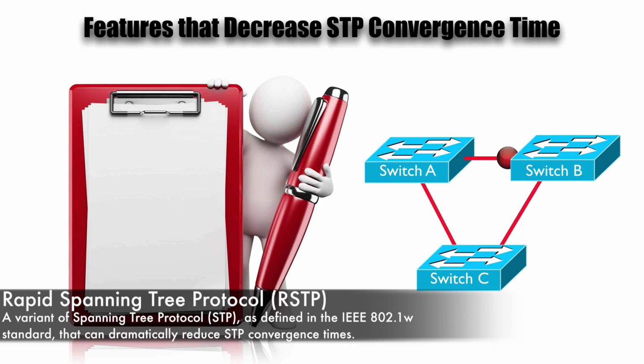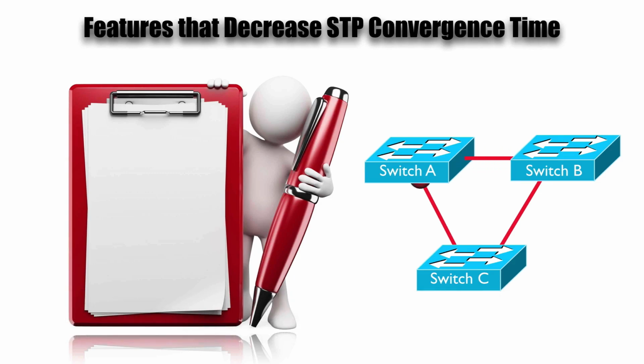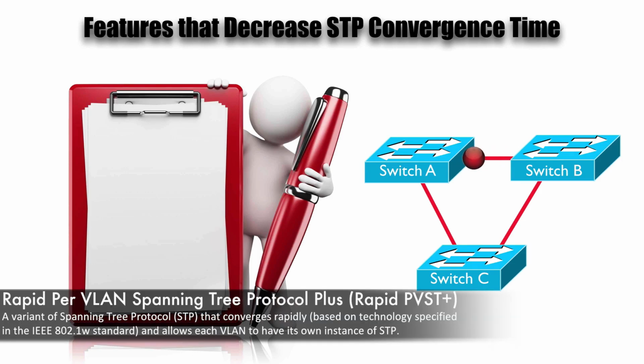It could be on the order of 1 to 3 seconds. Again, that can vary, but it's typically a lot faster than regular spanning tree protocol. By the way, Cisco's implementation of rapid spanning tree protocol allows us to do rapid PVST+, where each VLAN can have its own instance of rapid spanning tree protocol running.